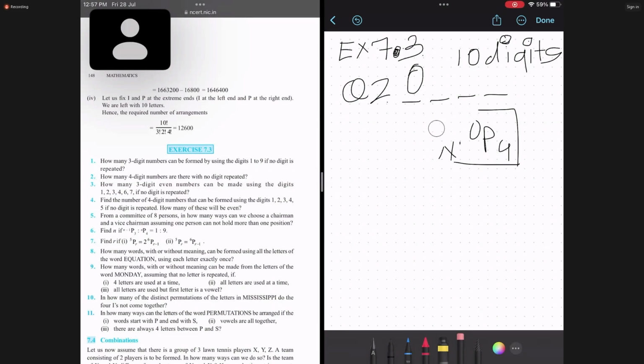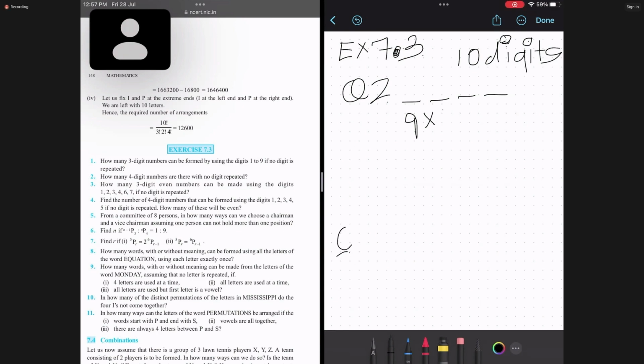Correct? So first you need to take that into consideration, that while filling up the first digit, right? You don't actually have 10 choices. You only have 9 choices because 0 can't be used, right? But now that you have used 0 up, or you have not used 0 up, subsequently 0 can be used, right?